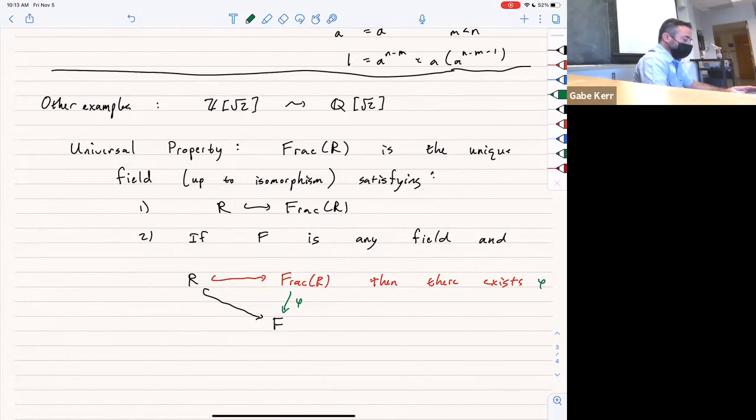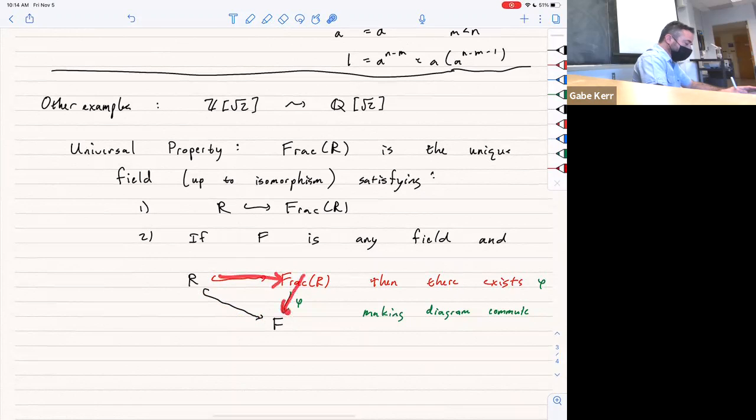Making a diagram commute. That means that the compositions are the same. That means that if I start here, I go this way, and then here, it's the same as going this way. Composing these 2 functions gives you this function. What is it saying?